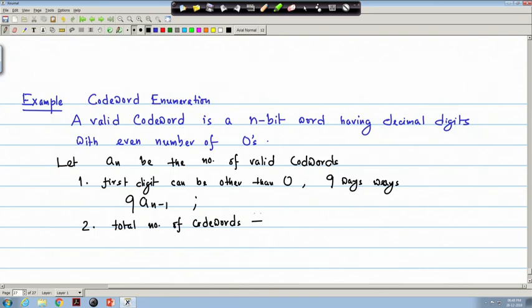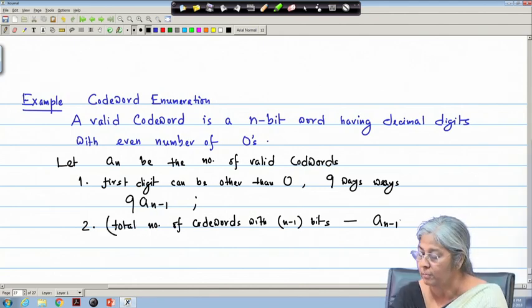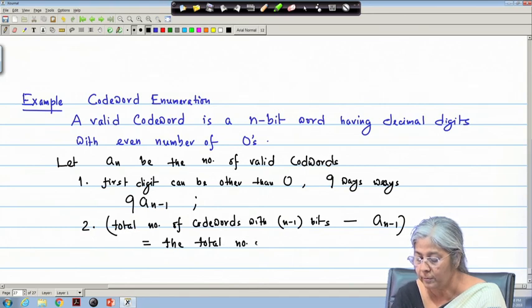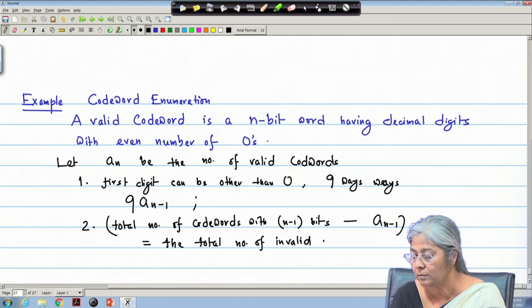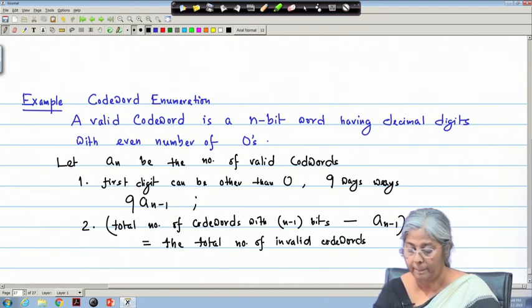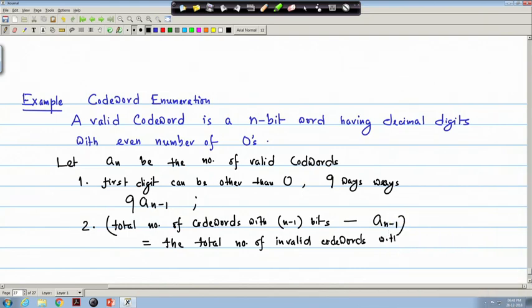So, if I can add a 0, total number of code words having n minus 1 bits, minus An minus 1, the valid code words, will give me the total number of invalid code words with n minus 1 bits.